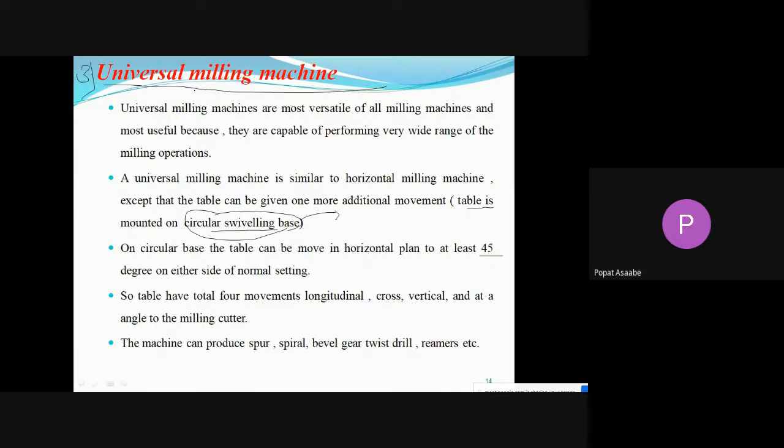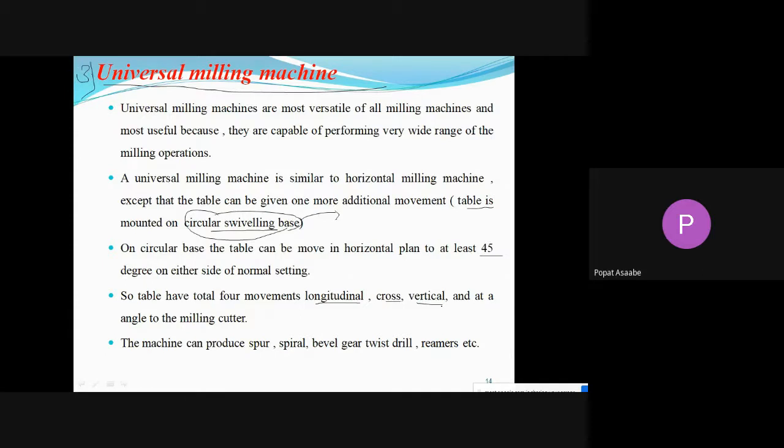We have already seen that in the horizontal and vertical milling machines we can achieve only three movements of the table. We can move the table longitudinally, crosswise, and vertically. Those three table motions are possible in the horizontal and vertical milling machines.